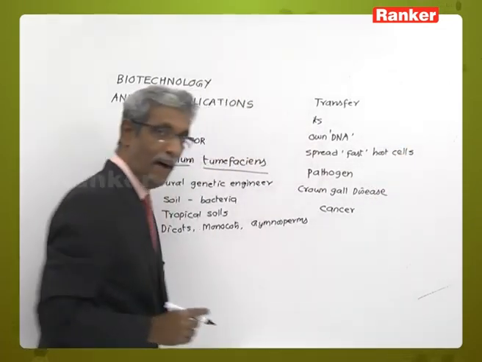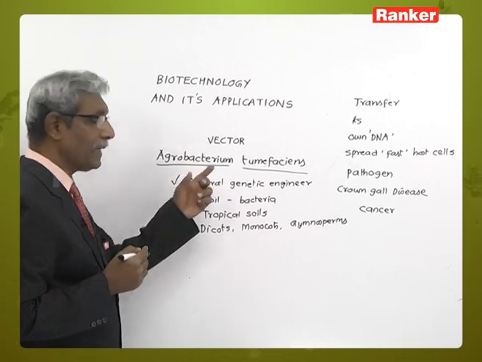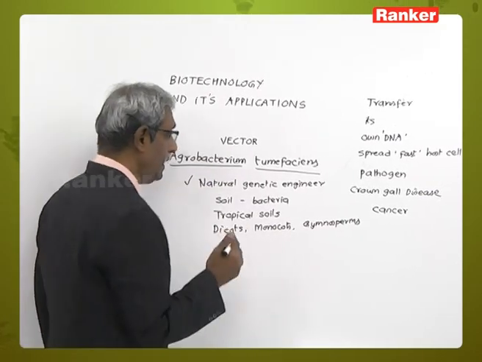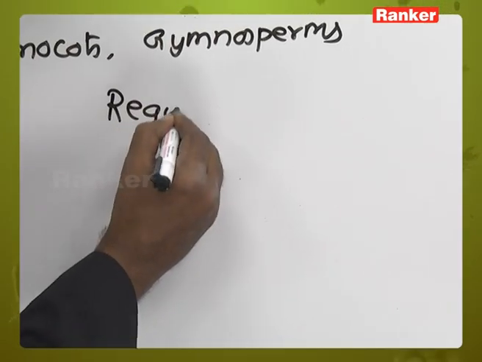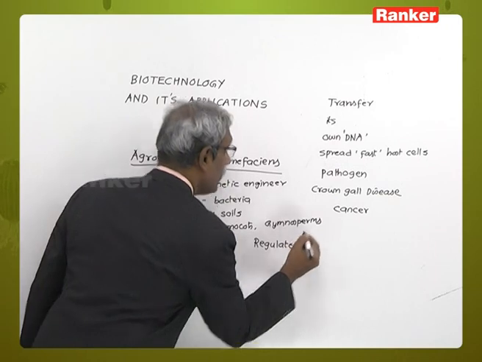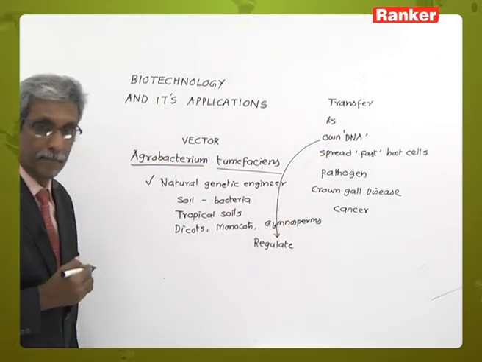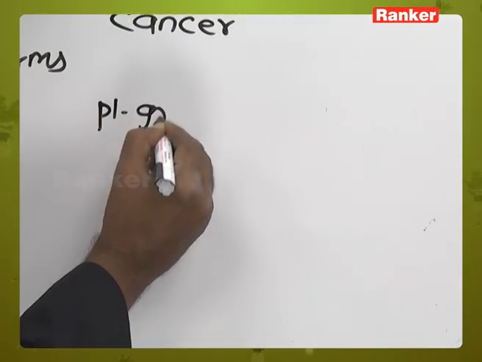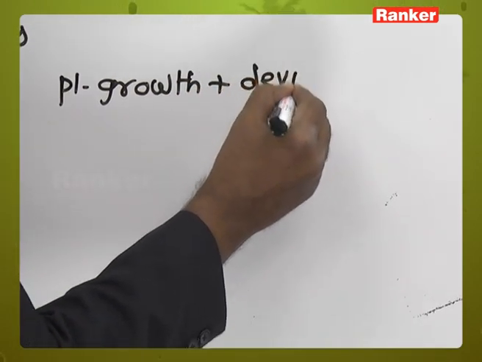And when you take the DNA of Agrobacterium tumefaciens, the DNA can regulate plant growth and development.